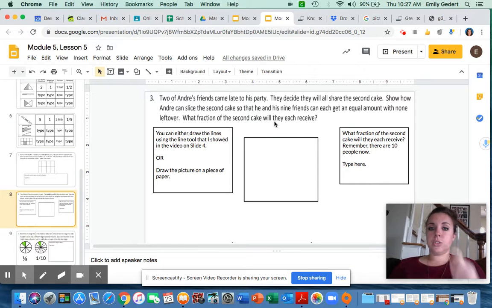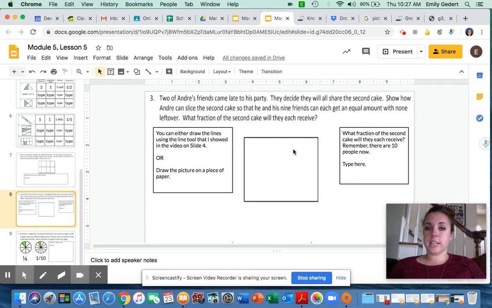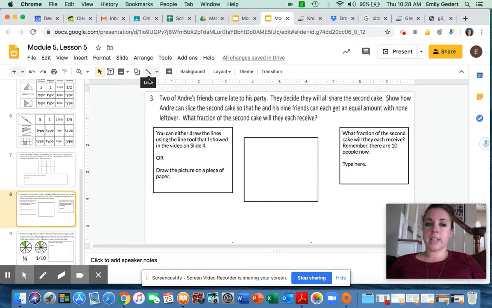For number 3, it asks you to show the fraction on this middle rectangle. And again, you can either draw that on a piece of paper, it might be easier, or if you want to try the line tool, it's right up here. You can click it. And then notice my cursor looks like a plus sign now.